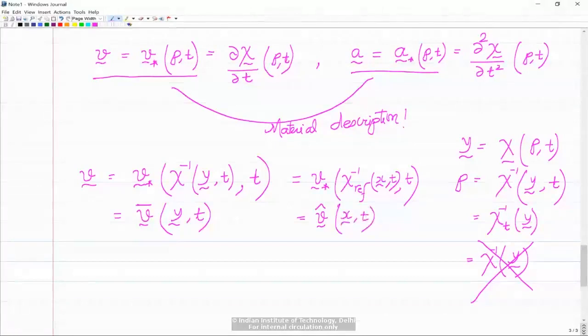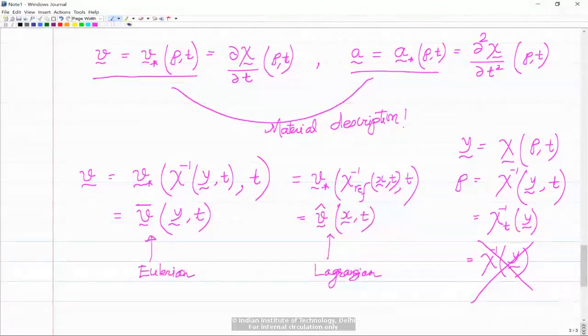So this becomes the Eulerian description of velocity in terms of the current position of the particle, and this becomes the Lagrangian description of velocity in terms of the referential coordinate or referential position of the particle.